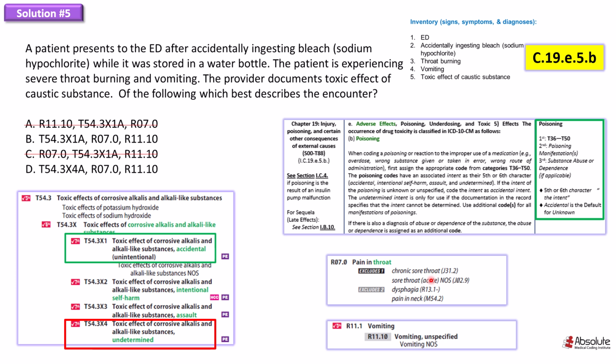Typically, after a person has a poisoning or an adverse effect, they don't typically have a diagnosis, right? So often you'll be coding these signs and symptoms as your manifestation. So if we look at our answers, D is incorrect because it's coding for undetermined. And B, well, that's correct because it is coding for that accident.